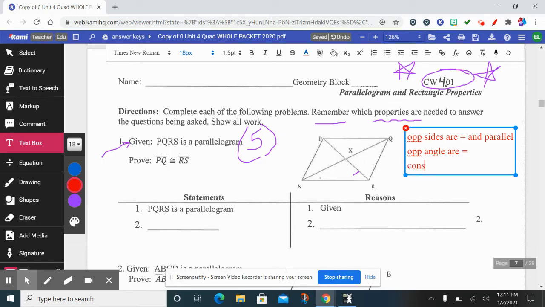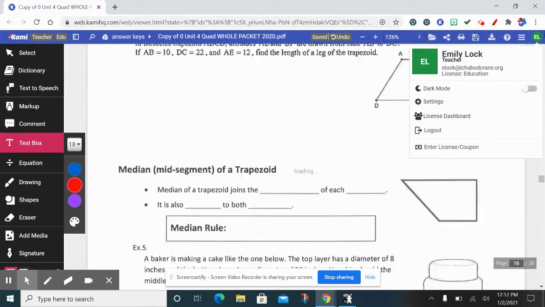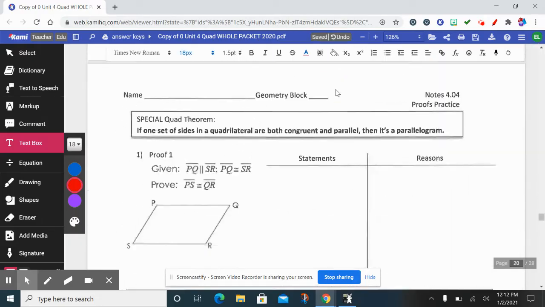You know, consecutive angles add to 180. And you know, diagonals bisect each other. Okay, so those 5 facts, again, the first 2 I kind of lumped together in that first statement, but those 5, stop.